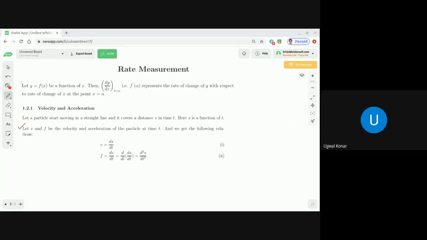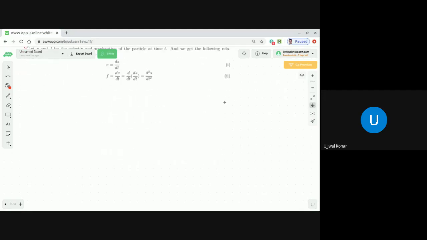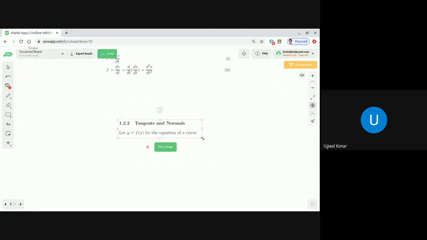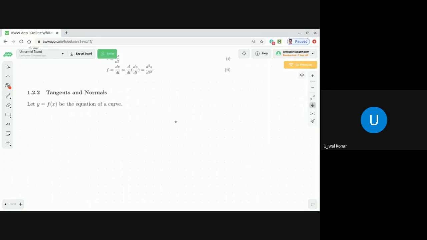Before explaining the application of differential calculus, let us first explain what is meant by tangent and what is meant by normal. So let me first draw the coordinate axis, dear students.